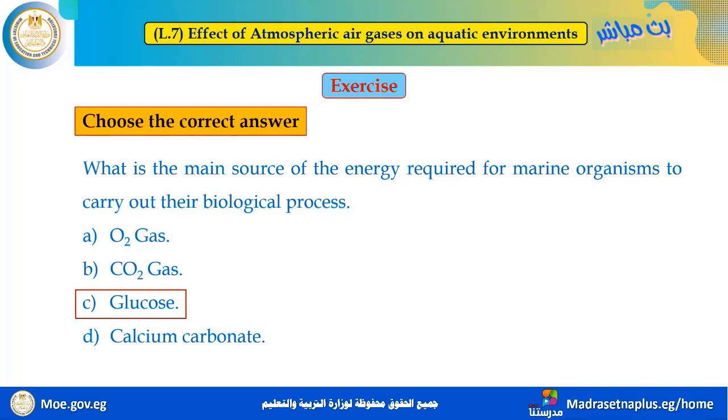It is the glucose. It is the source of the energy because, as I mentioned before, through the photosynthesis process, we need carbon dioxide gas and the presence of water, chlorophyll, and sunlight. This will produce the glucose molecule, which is the main source of the energy for most living organisms, whether aquatic or non-aquatic.